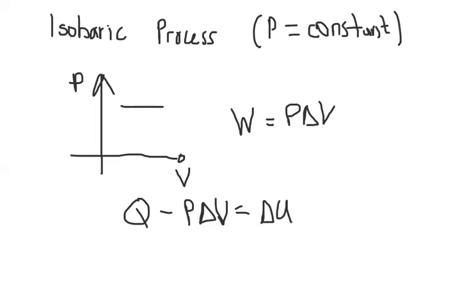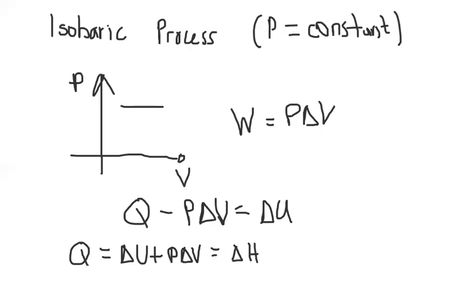And in this case, if we pass P delta V, we can say that heat is going to be delta U plus P delta V.